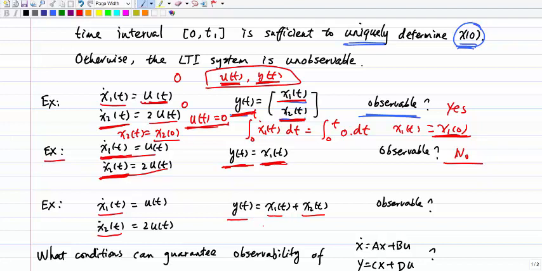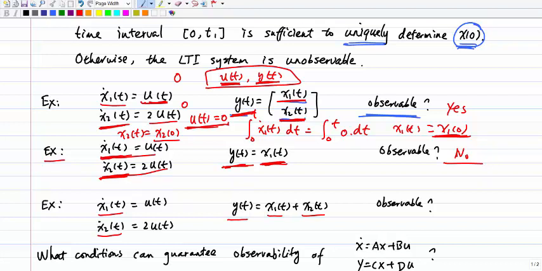So what's going to happen? That's why it's important to look at the conditions that can guarantee the observability of a linear time invariant system. It's not easy to just use the definition. It's important to figure out what conditions we can verify to tell whether a linear system is observable or not.